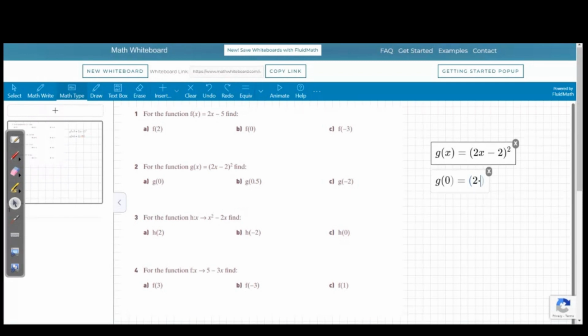So 2 times 0 minus 2, all raised to the power 2. Good. So here, 2 times 0 gives us 0. 0 minus 2 gives us negative 2.